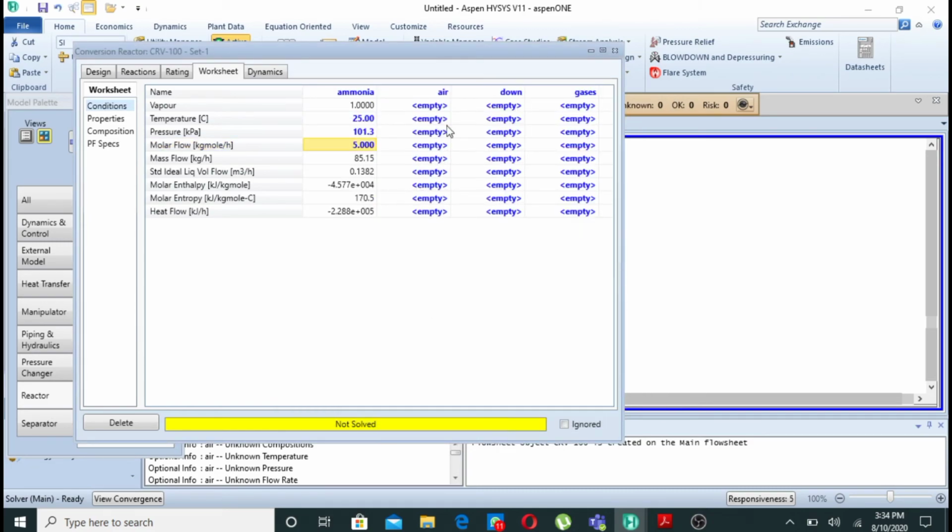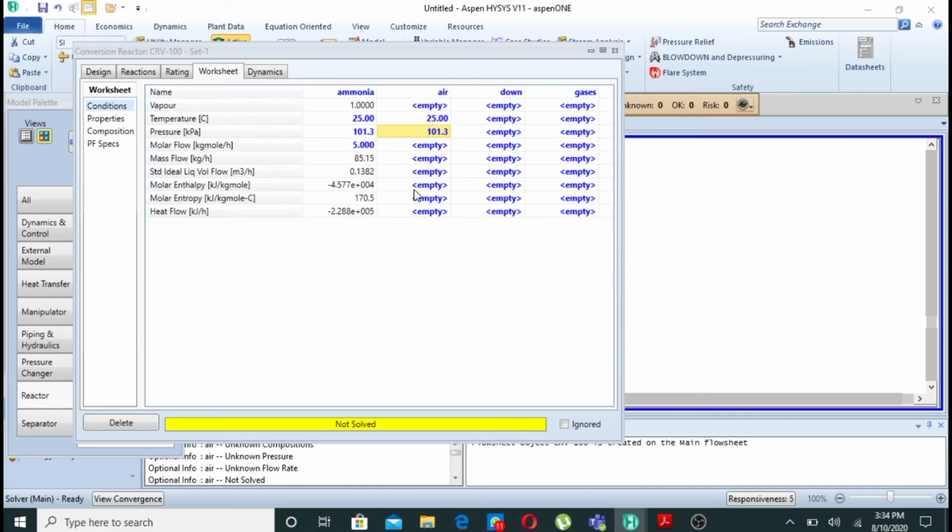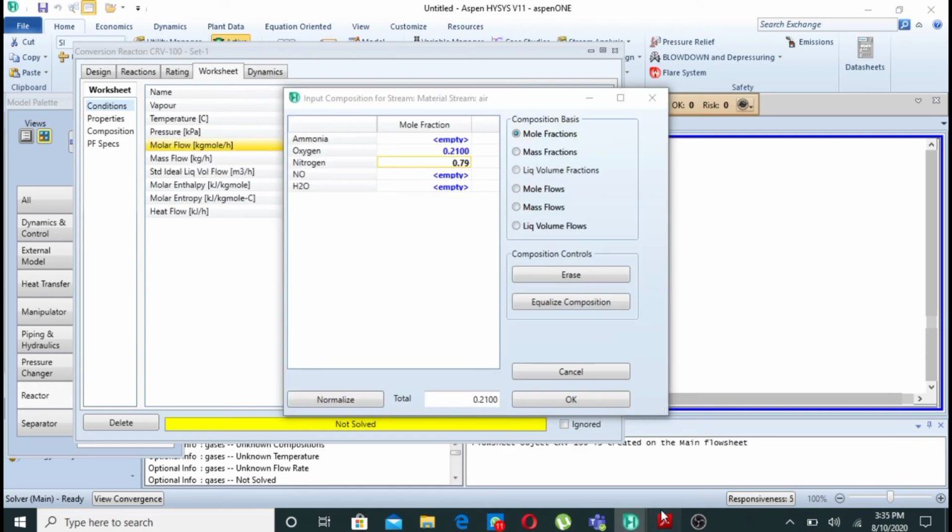Now the temperature and pressure of the air would also be the same, so I will write just 25 and 1 atm. Now the molar flow rate for air was also 5, so I had written 5, but in this I will again go to the question.